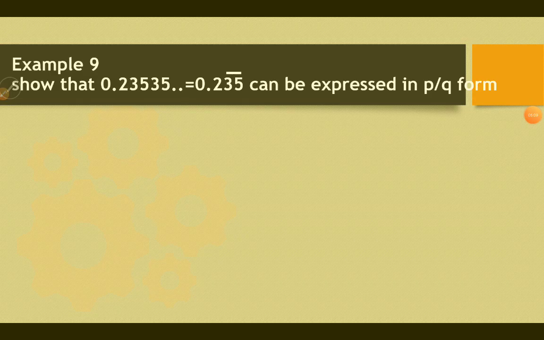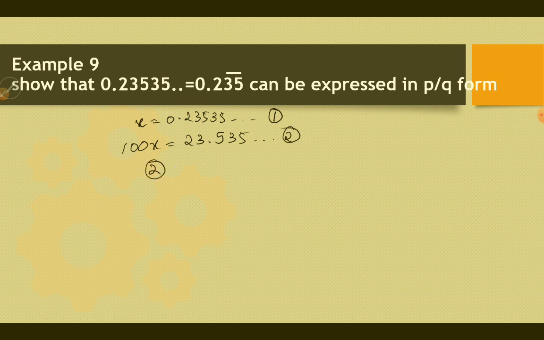Example number 9. Show that 0.23535, that is 0.235 bar, can be expressed in p by q form. So x is equal to 0.23535, which is equation number 1. As there are two repeating digits, 100x is equal to 23.535, which is equation number 2.